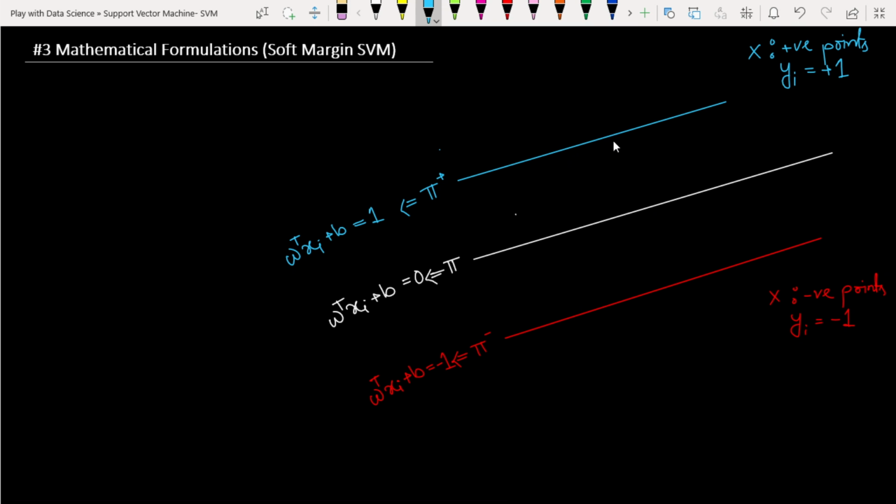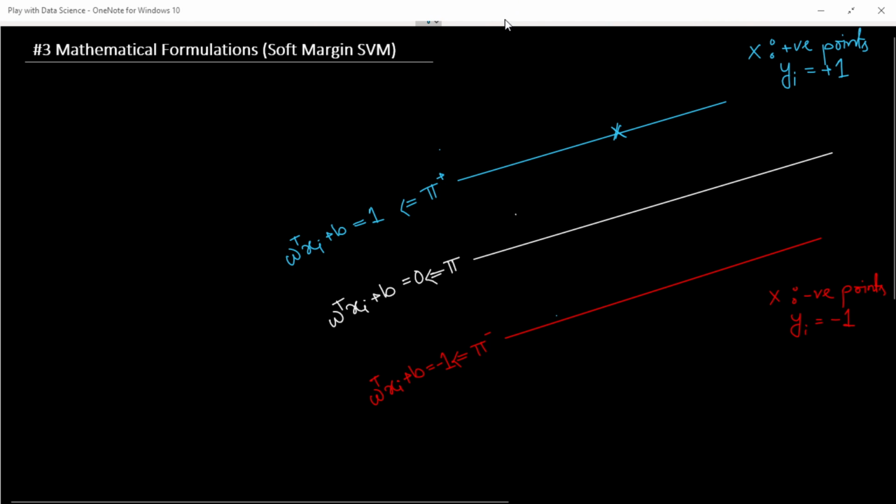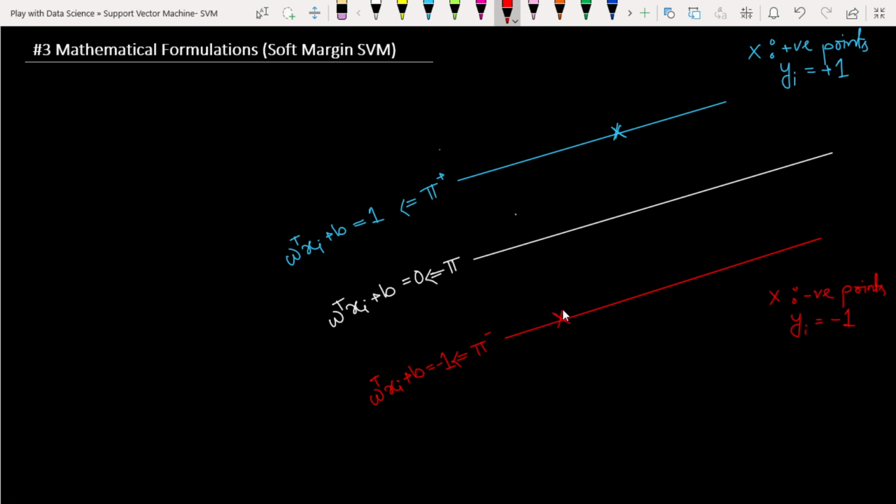For a clear picture I am taking a small amount of data. This is our positive support vector, and here is our negative support vector.